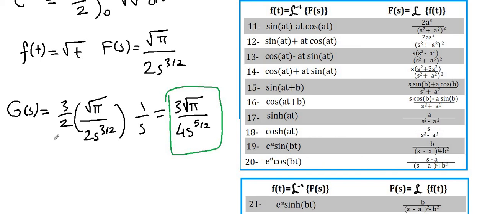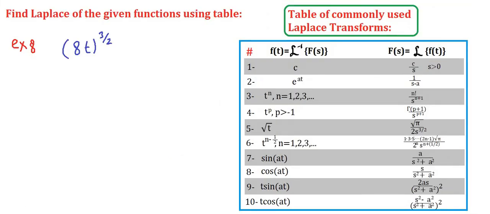Let's check another example. Number 8, 8t to the 3 over 2. For this, we're going to utilize number 24, which is f of ct, some constant times t.